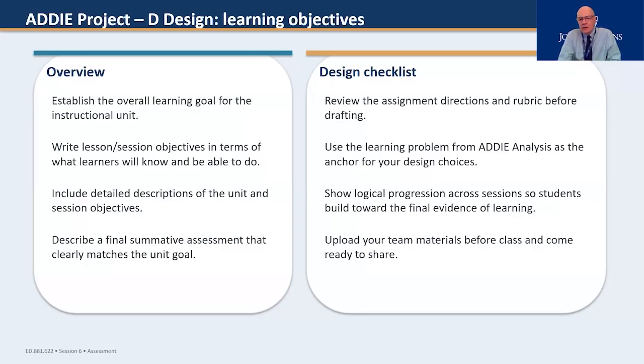In that, you're going to include and learn how to include detailed descriptions of the unit and the session objectives. And then you're going to be able to describe the final summative assessment that clearly matches that goal. So we give you checklists during the course, and you'll be able to review the assignment directions, set up your rubric, and use the learning problem from the ADDIE analysis as the anchor for your design choices.